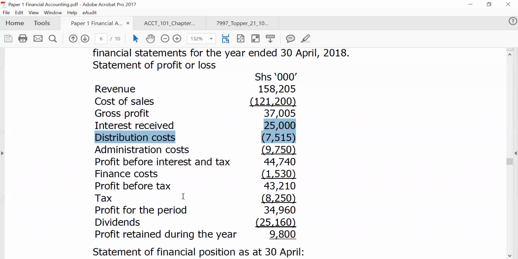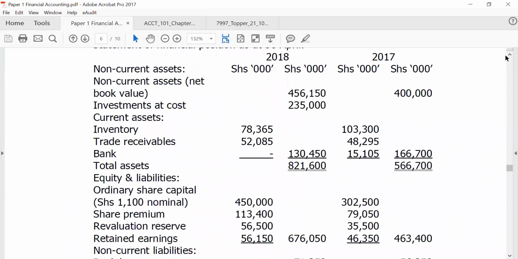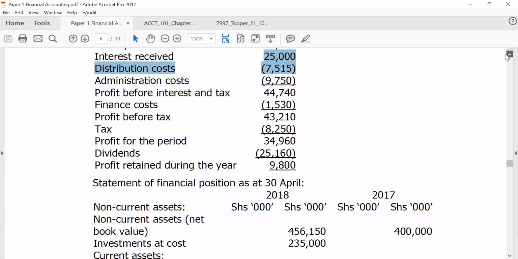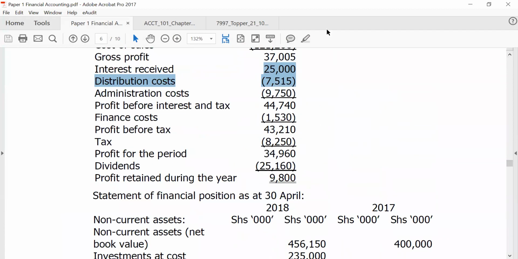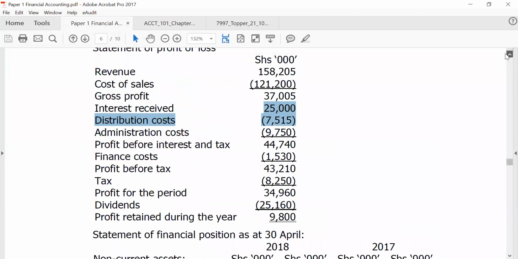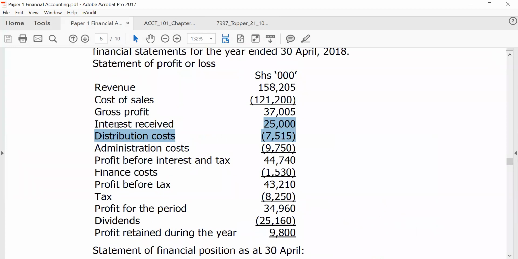So I'm going to do that, but also, like I said, I have to look for depreciation, and I also have to look for the gain on disposal.